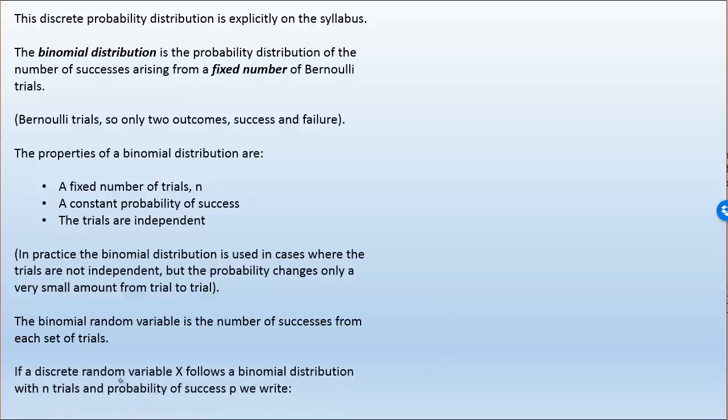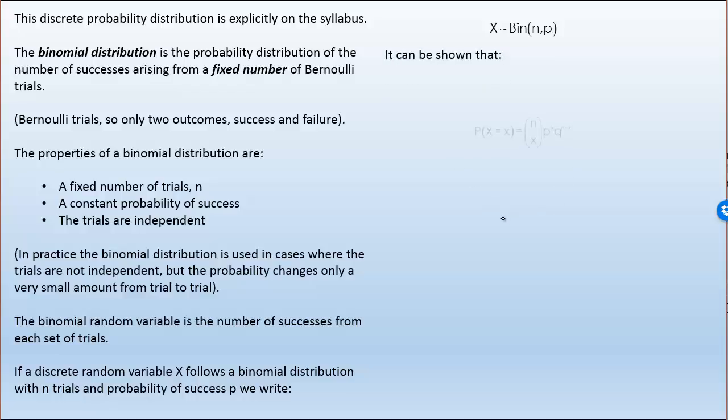If a discrete random variable x follows a binomial distribution with n trials and probability of success p, we write this, and it just simply means that the random variable x follows a binomial distribution with n trials and probability of success p.